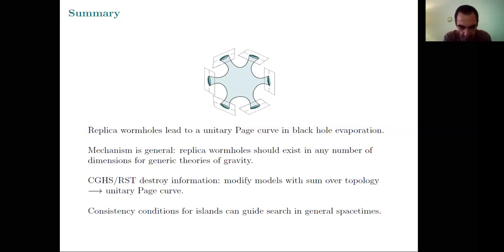And so, in particular, it's uncorrelated with the infalling radiation. It's just basically the result of Hawking's calculation. And so it's not clear to me how summing over topologies is going to help you. It seems like just opening a completely different can of worms.